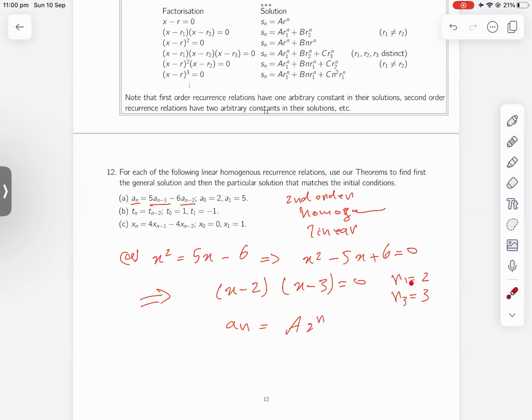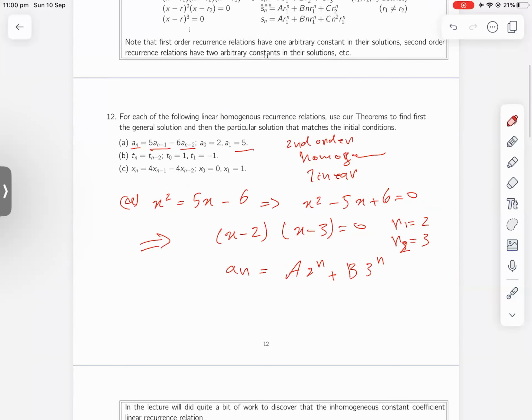If you see that r1 is 2, it is x equal to the root of this, x equal 2. And r2 here, not r3. So we write this, plus b times 3 power n.